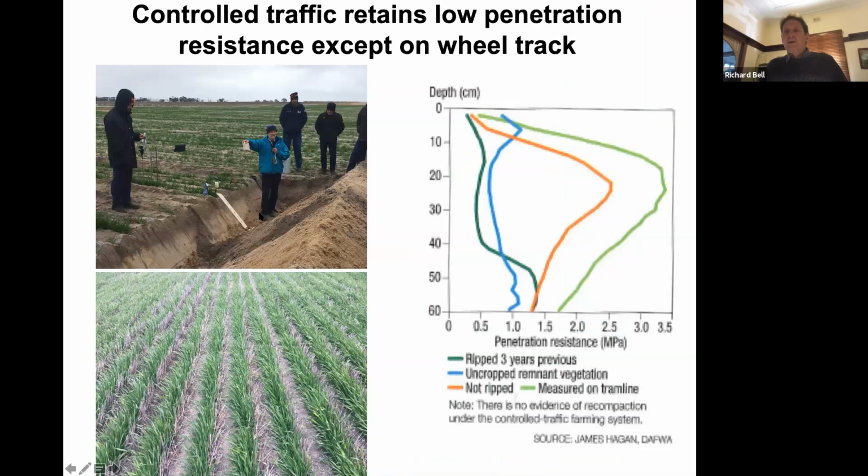There's a Jeremy Lemon looking at a backhoe pit and taking people through the diagnosis of pH, compaction, where the roots are, to try and work out what's the problem in this particular field that the farmer needs to focus on in order to get the best return from investment in overcoming soil constraints.